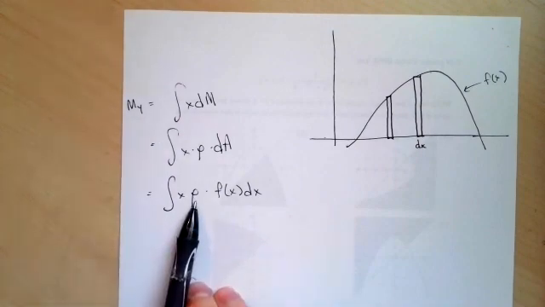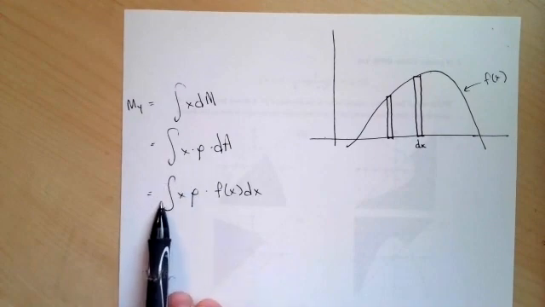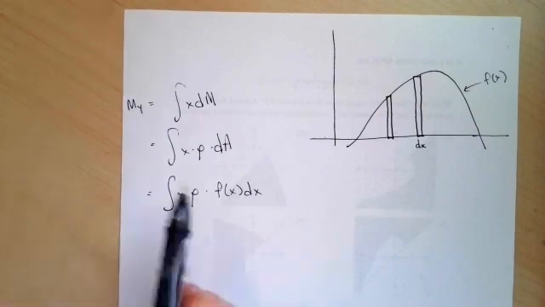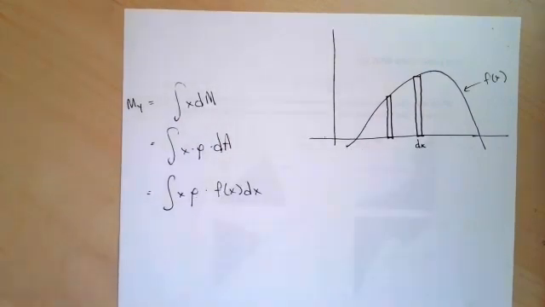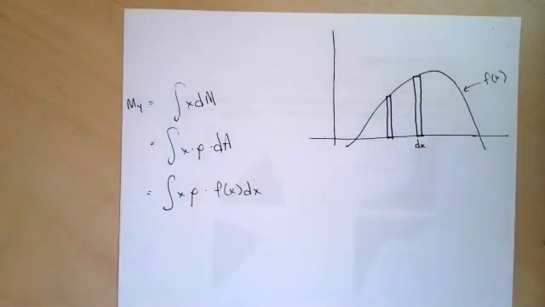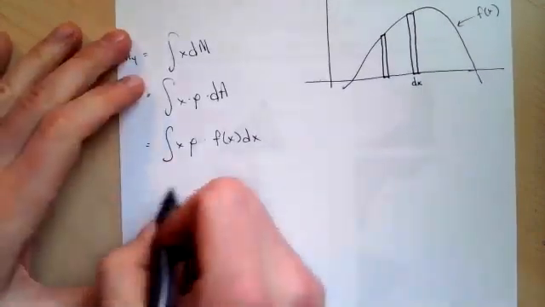Again, oftentimes this rho is a constant, so you can usually pull it out and make the integral simpler, but just be careful. Sometimes it's not. Sometimes rho will give you a different function. Sometimes it gets denser and less dense as you move left and right. So this is our moment about the y-axis.